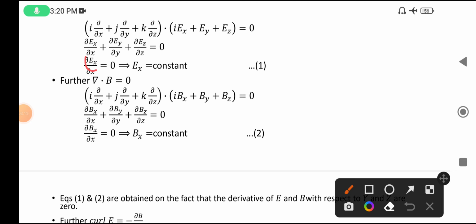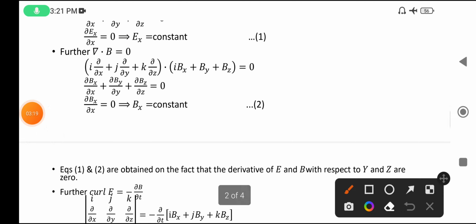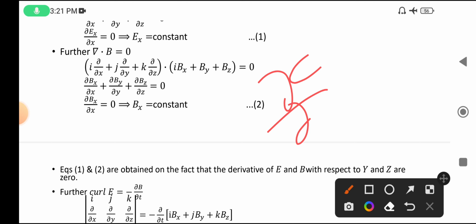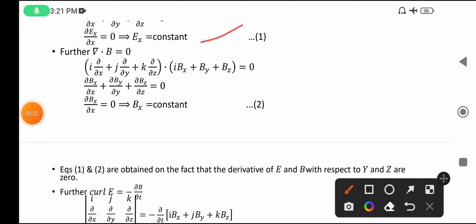When the differentiation of a quantity is 0, that quantity is constant, isn't it? We know this already from lower classes: suppose there is a constant c, and if you differentiate it, its derivative is 0. That indicates a constant. Similarly, we can prove that del dot B is also in this manner.